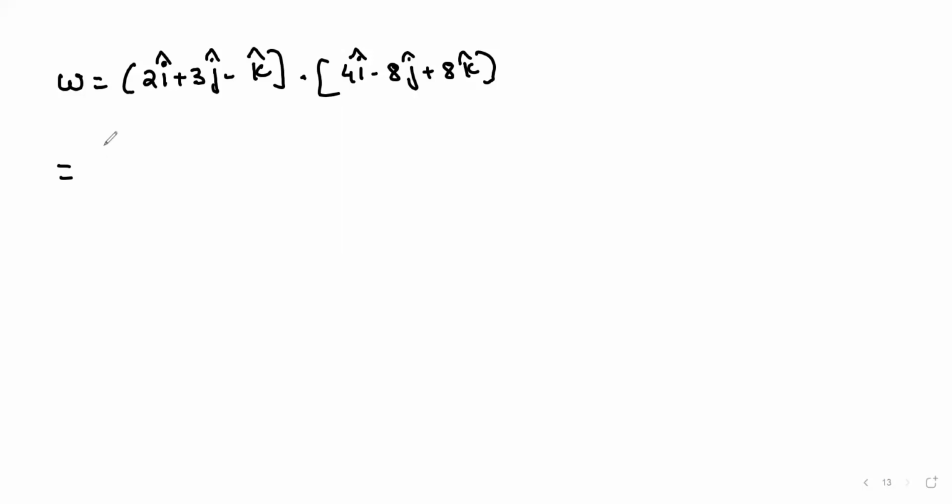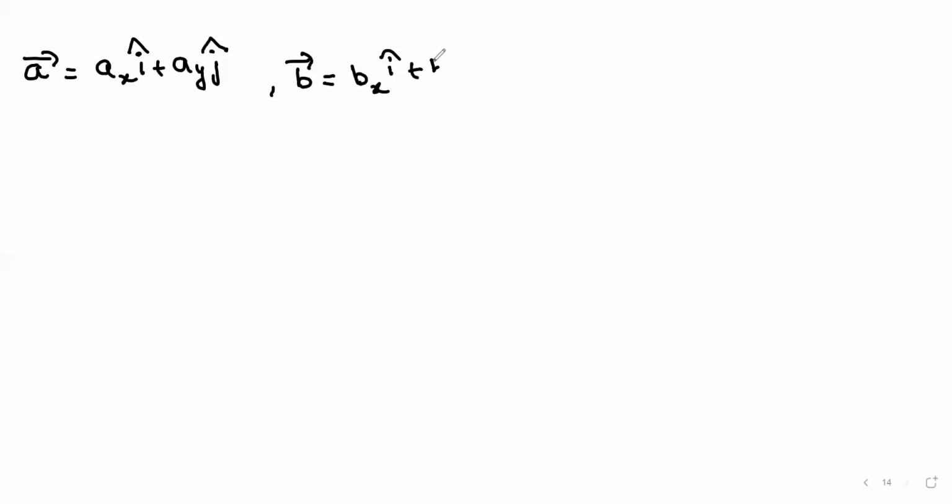Okay, look here. This is the dot product. See, A vector is AXi plus AYj, B vector is BXi plus BYj.